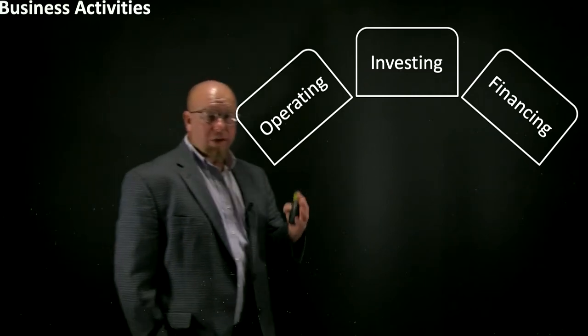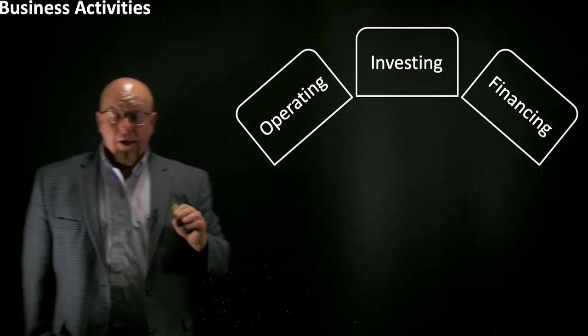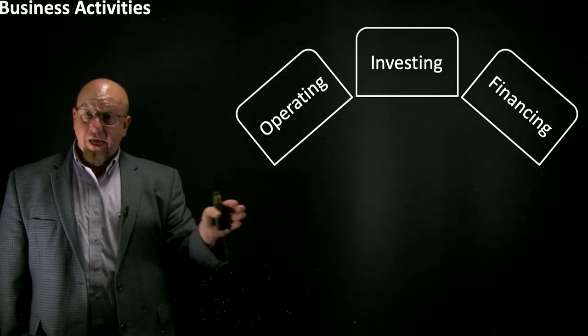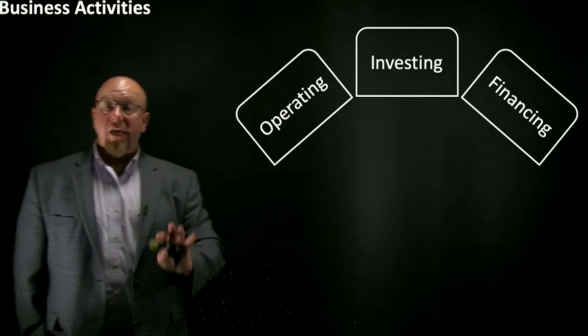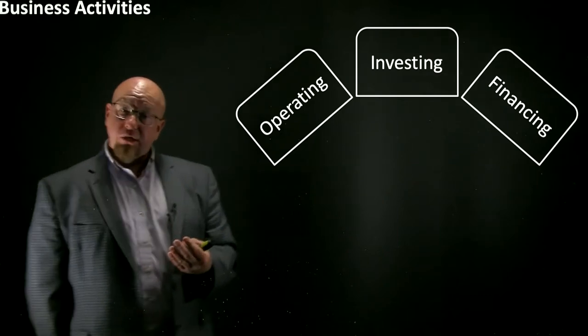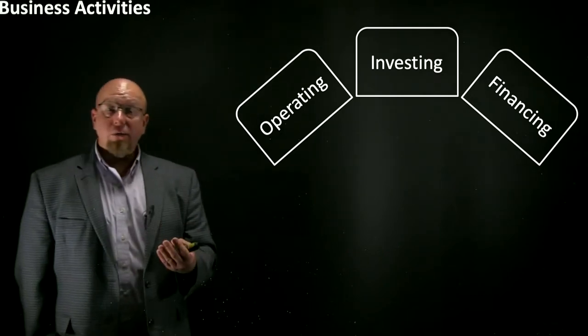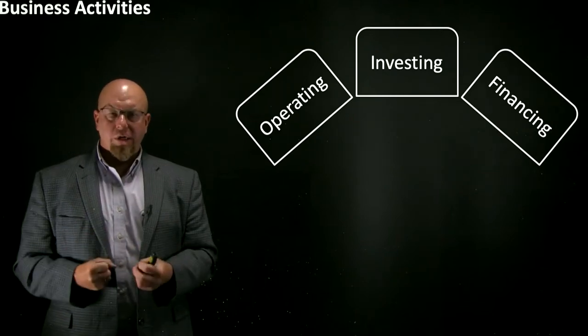Now, continuing with the financing activities, as we repay the principal of debt, so money that we borrowed, that's going to be a financing activity, but that's cash leaving the business. And as we pay perhaps dividends to our shareholders, that's also a financing activity related to that relationship with the shareholders.